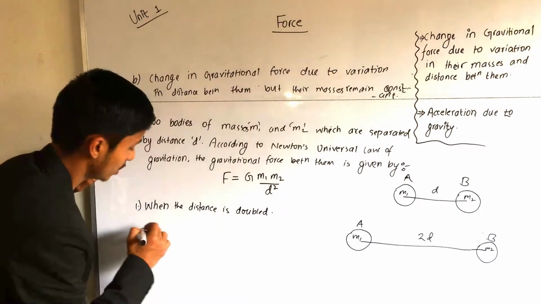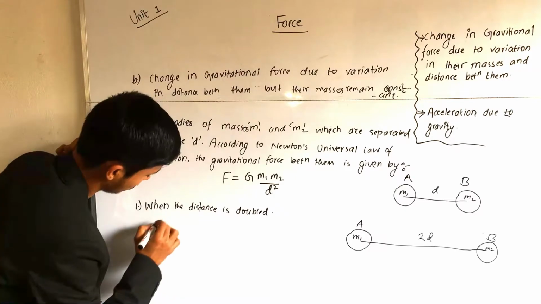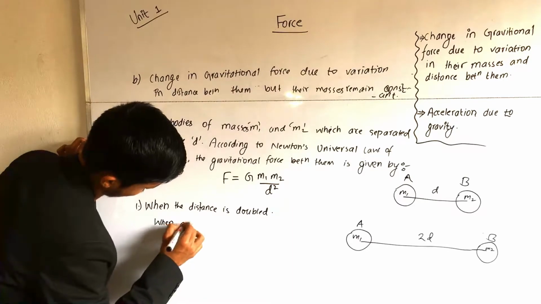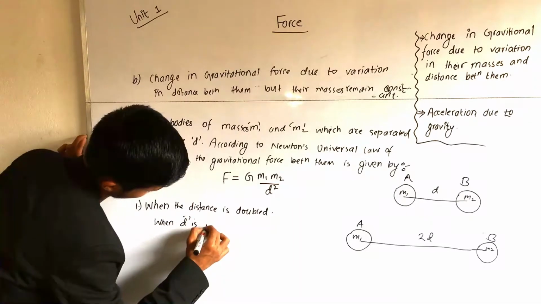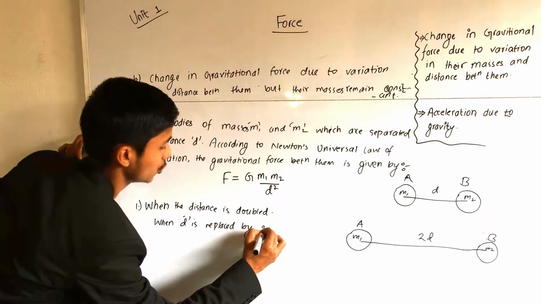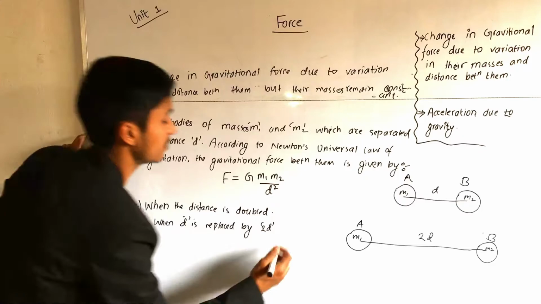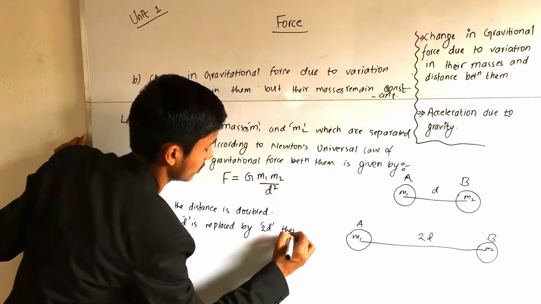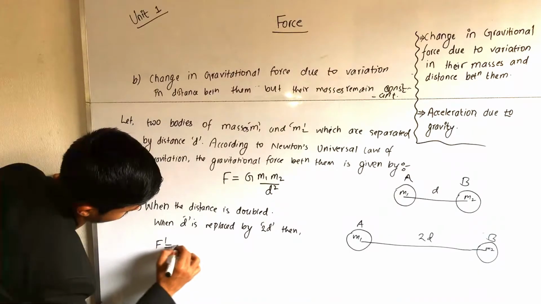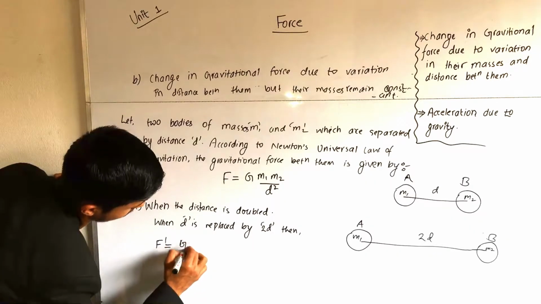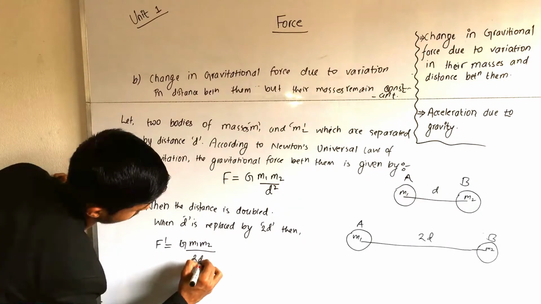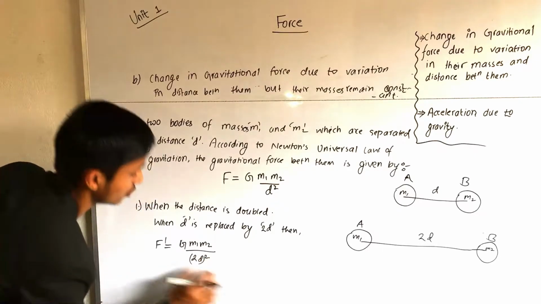So what we do here is, when d is replaced by 2d, then we get F' is equal to capital G m1 m2 by (2d) square.